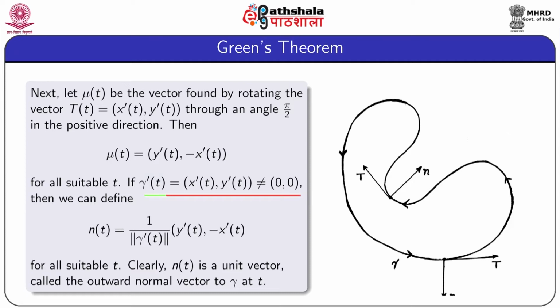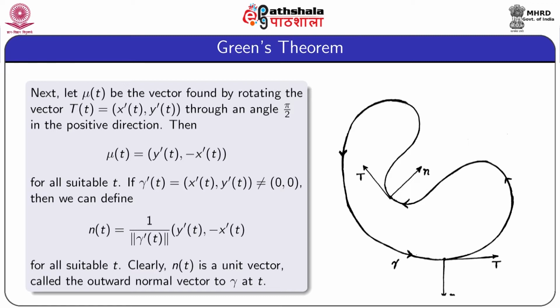If gamma dash (t) equal to (x dash (t), y dash (t)) is different from the zero vector, then obviously mu(t) is also different from the zero vector. We can define n(t) equal to mu(t) by the norm of mu(t), that is 1 by the norm of gamma dash (t) times mu(t), for every suitable t. Clearly, n(t) is a unit vector. We call this the outward normal vector to gamma at the point t.